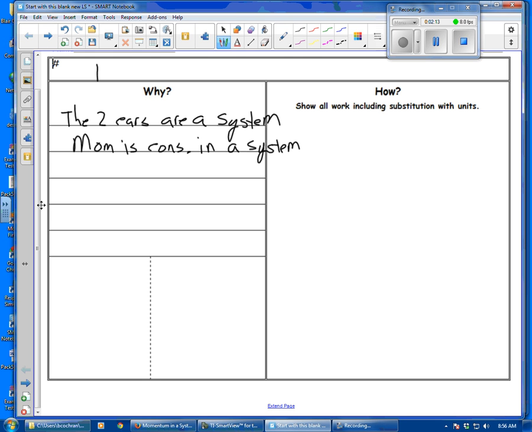So it's really important for me to make sure I identify what the system is so that I know that within that, momentum is conserved. Remember, it's not conserved for the individual parts of the system, but for the system as a whole.